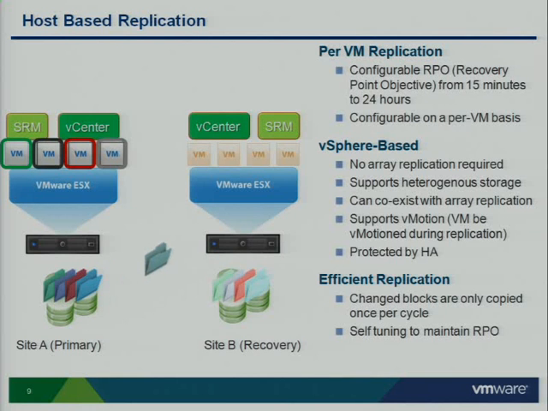The third piece, and perhaps the most important piece, is that you're protecting on a VM basis. Unlike array replication, where you're protecting on a LUN basis, which is a full set of virtual machines, in this case, you're actually protecting on a per VM basis. So your granularity of failover is per VM versus per LUN. It may simplify things, etc.